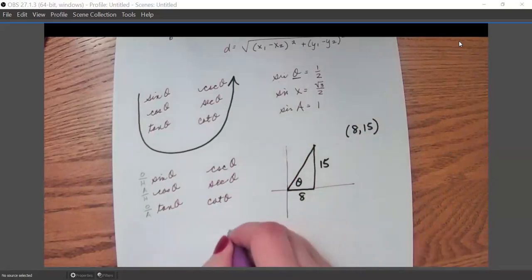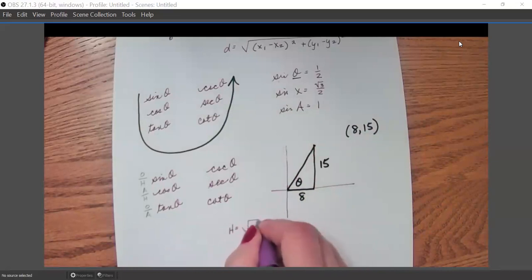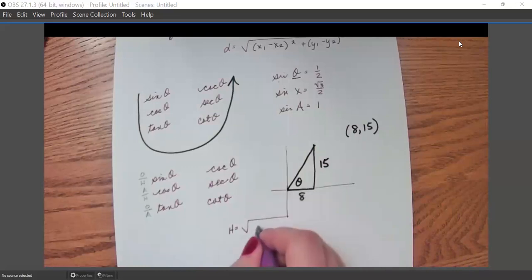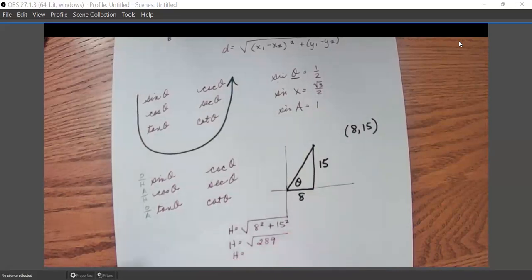So my hypotenuse is going to equal the square root of 8 squared plus 15 squared. My hypotenuse is always going to be a positive value. The square root of 64 plus 225 is 289. The square root of that is 17.